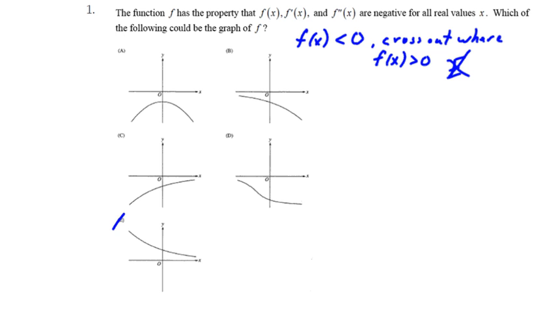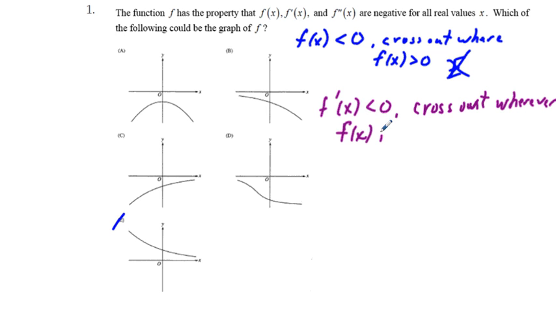Next, we have f prime of x is less than 0. So cross out wherever function f of x is increasing anywhere.